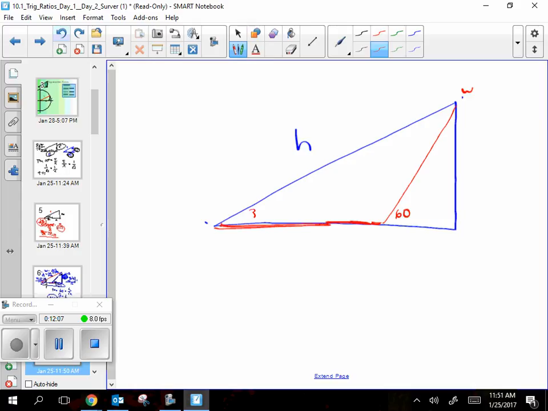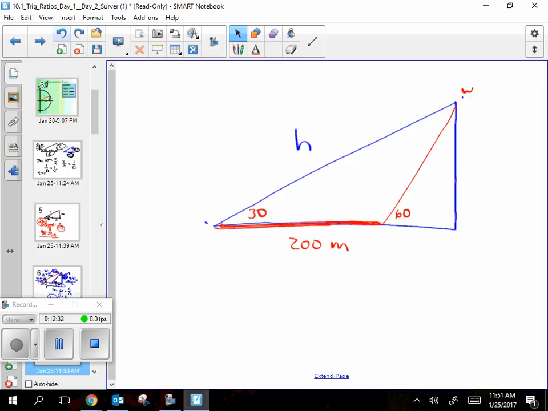And this is 30. See what I'm doing? Same basic thing as before, right? And he paces this distance off, and he knows this distance is 200 meters. The question is, just from what I've told you, I don't even need to tell you anything more, you can figure out how long that hypotenuse is.